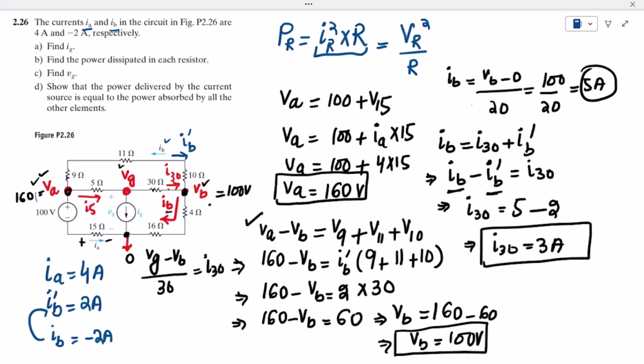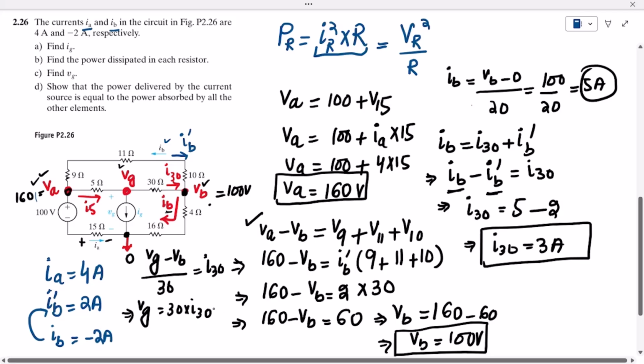We can see that this is the potential difference divided by the resistance, that is equal to current. Now the value of VG is equal to what? That is 30 multiplied by I30, and VB will be added with it, so that would be VB.